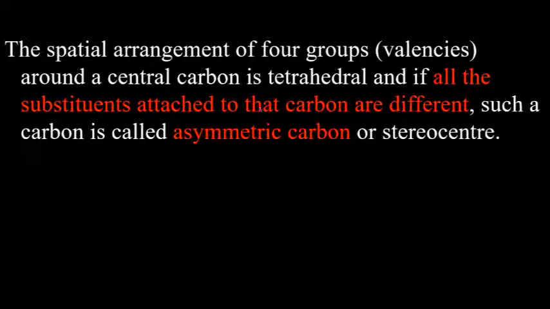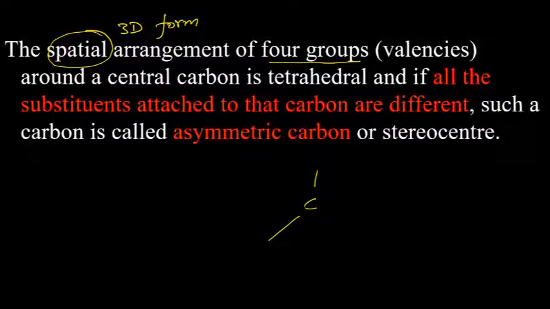The spatial arrangement means arrangement in space, that is in 3D form. So whenever the term spatial arrangement appears, you need to think that we are talking about 3D structures. In a spatial arrangement of 4 groups, that is 4 valencies of carbon, you know that carbon has 4 valencies, in tetrahedral form.